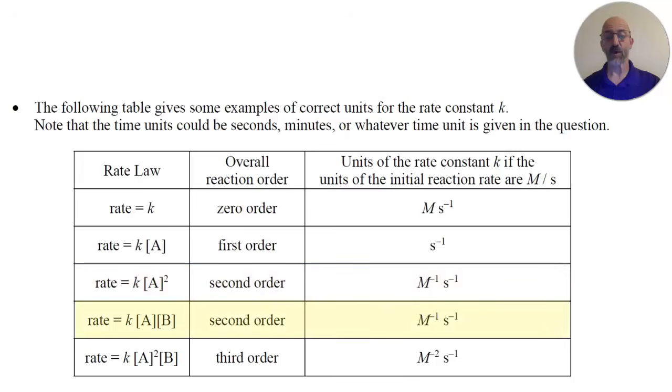And then as we saw in this lesson, if it's a third order rate law overall, then the units of the rate constant are molarity to the negative 2, seconds to the negative 1. Just a summary of, if you have to include the units for the rate constant, just be careful to include the correct units of that rate constant.